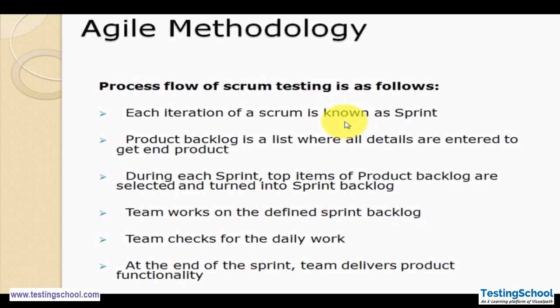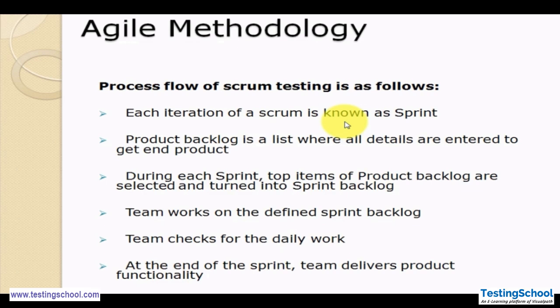Then during each sprint, top items of the product backlog, because we take them priority wise, are selected and turned into our sprint backlog. In product backlog we keep our user stories as per priority, and from that priority we pick our user stories for that particular sprint, which we call our sprint backlog.